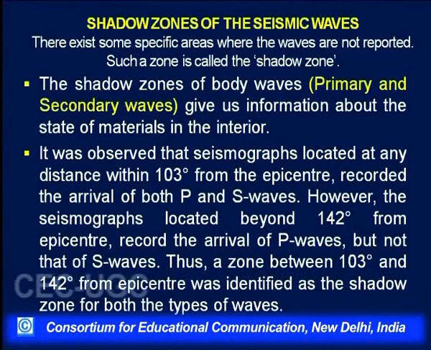One thing one should remember is that shadow zone is in reference to each set of waves. That means for every earthquake event, there is a specific focus of that earthquake, and in relation to that focus there are shadow zones.